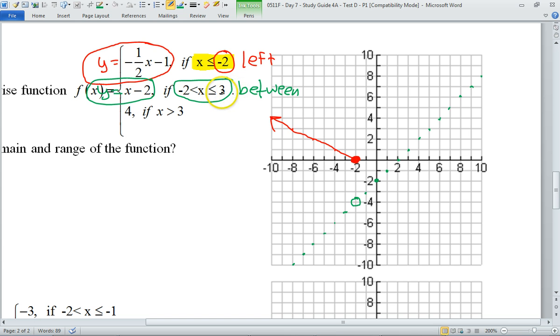And then at 3 is the other end of the segment. I put a closed circle there because it's or equal to. And then I just connect them. Okay, so that gives me the green. Any questions about where the green piece came from? And then you erase your extra dots.